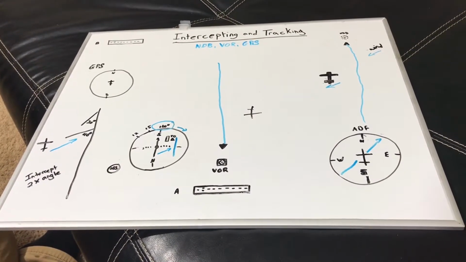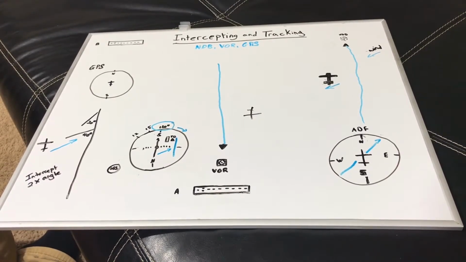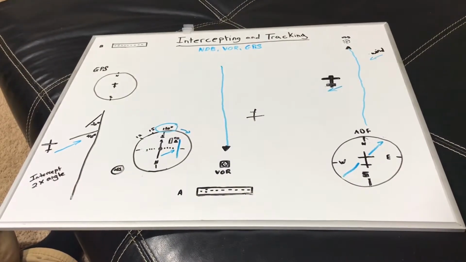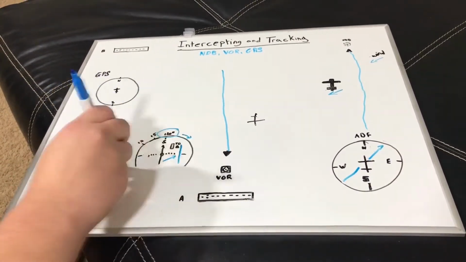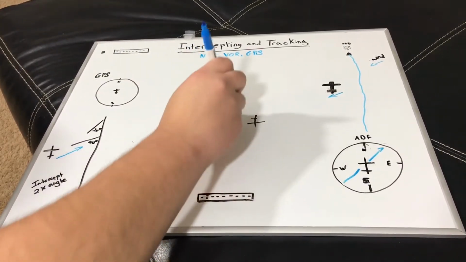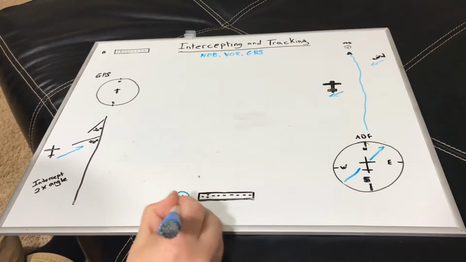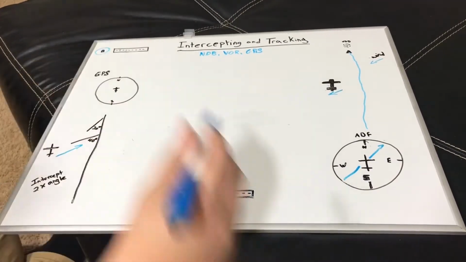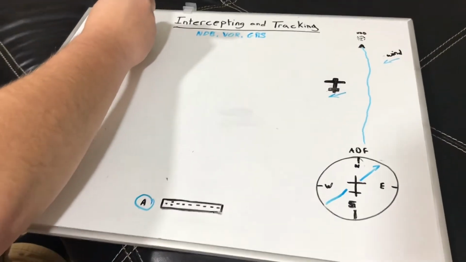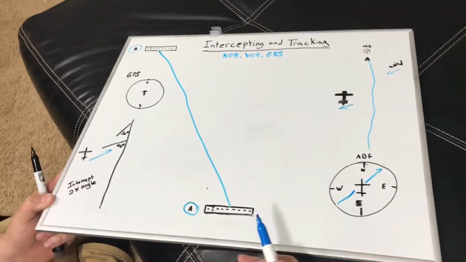With GPS tracking, you have the unique ability to create a direct course between two places. So real quick here, if we have airport A down here and airport B, and we want to go to airport B, in order to track a course, all we have to do is put it into our GPS and hit direct, and it's going to plot a course from airport to airport.